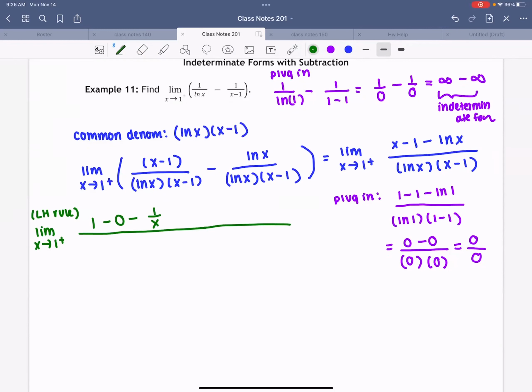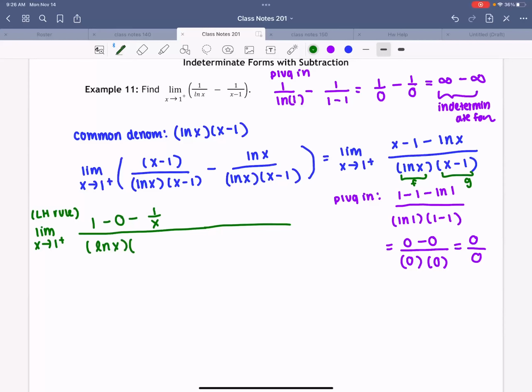Product rule, right? We have a product of two functions, which means we have to do what the product rule says. My first function is f, my second function is g. First ln of x times the derivative of the second.